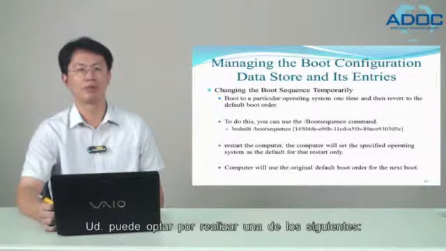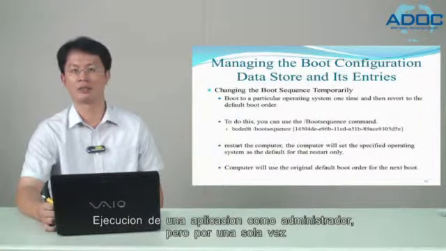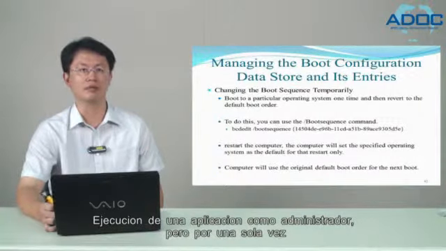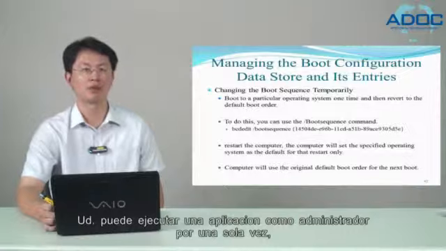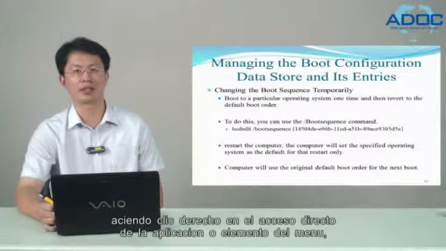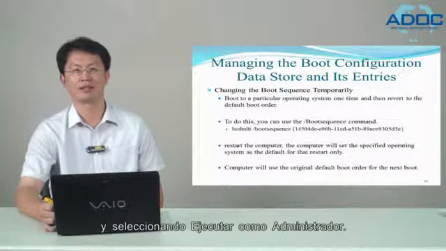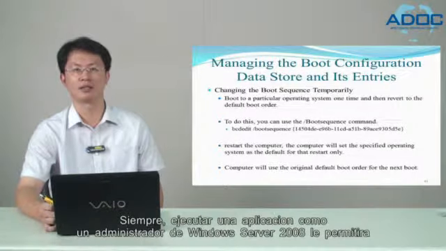You can choose to perform one of the following. Running an application once as an administrator. You can run an application once as an administrator by right-clicking the application's shortcut or menu item and then selecting Run as Administrator. Always running an application as an administrator.